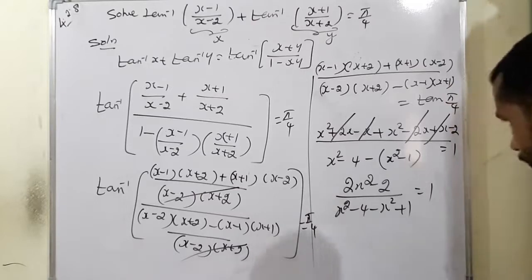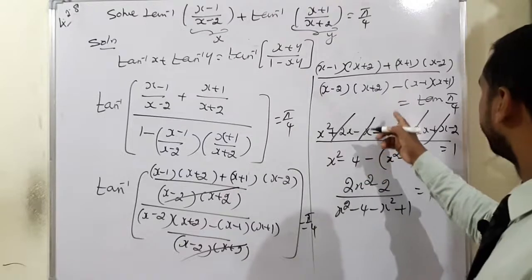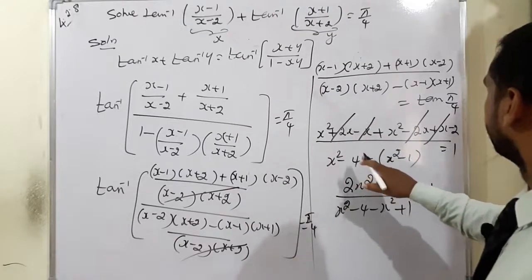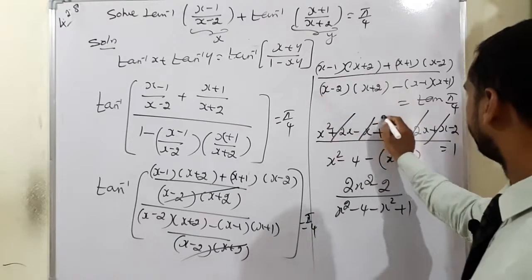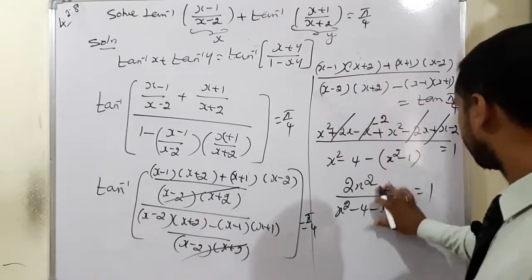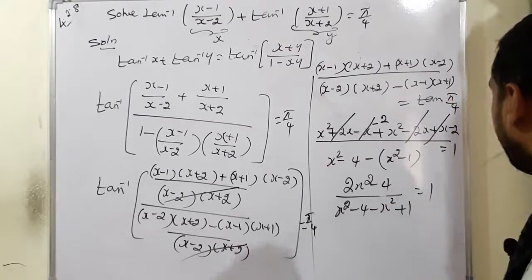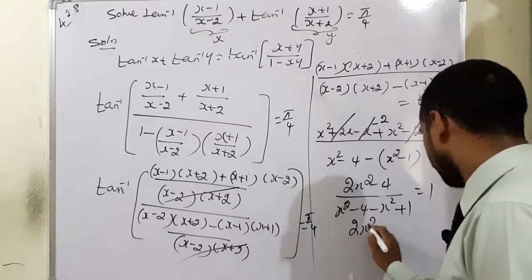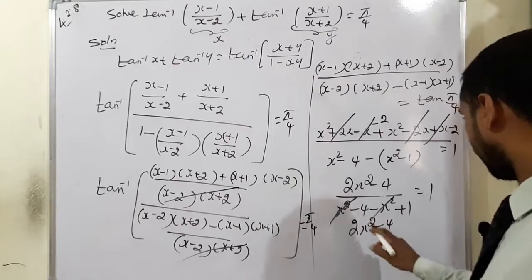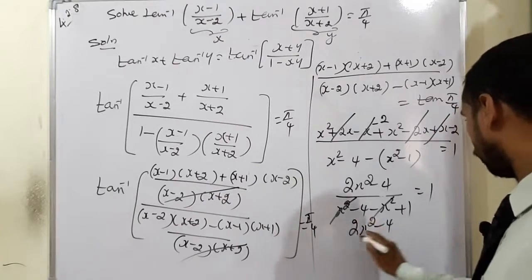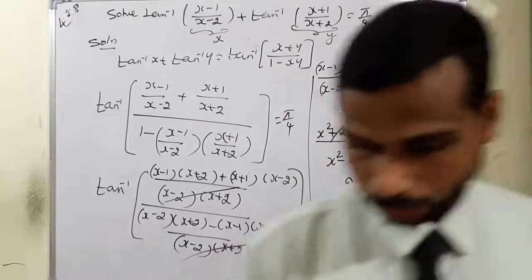Now, sorry, for the simplification, here also minus 1 into minus 2, there is a constant term that will come, no? Minus 2 and minus 2 means this is minus 4, isn't it? So now 2x square minus 4, in the denominator x square minus x square cancel, therefore minus 4 plus 1 means minus 3 is equal to 1, isn't it? Next, what we have to do?